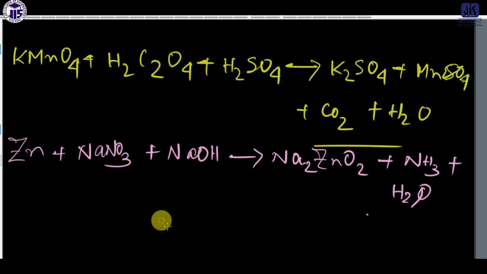So this is the complete reaction, and you have to balance it by the ion electron method, and you have to practice in this way. There are so many examples in any of the standard books. You can check that there are many such examples available, which you have to practice a lot.